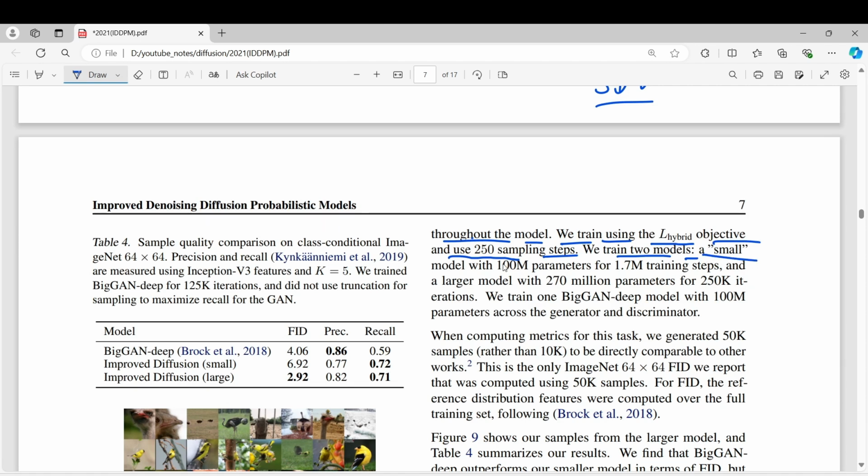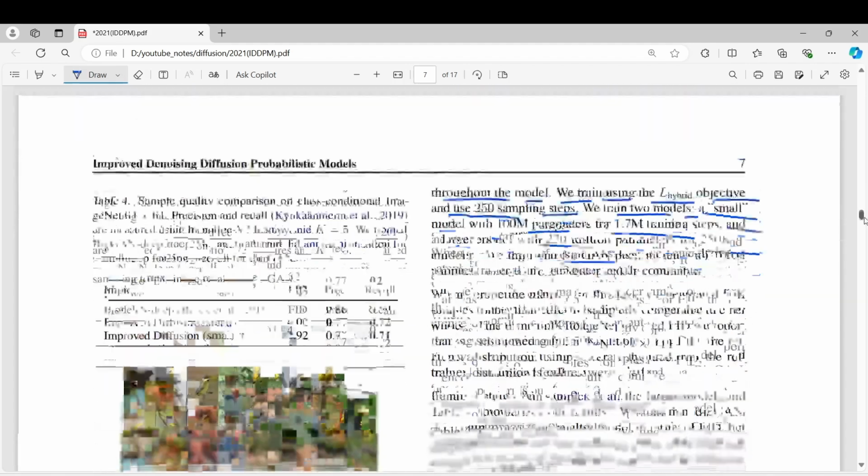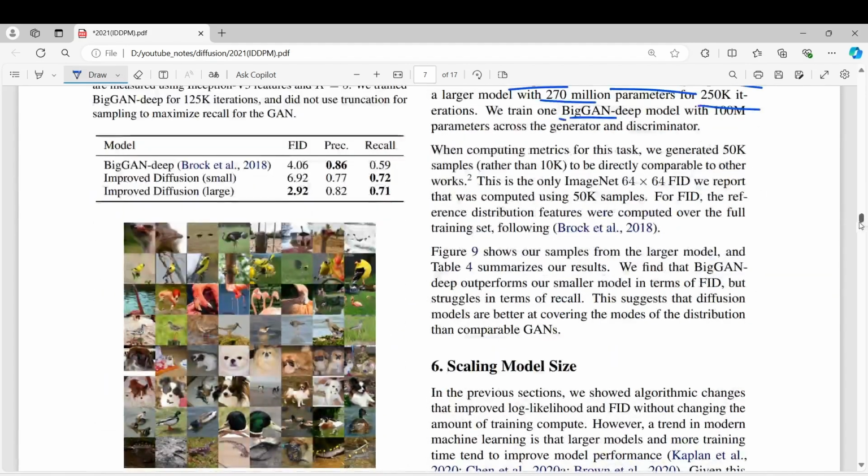We train two models, a small model with 100 million parameters and this many training steps, and a larger model with this many parameters and training iterations, and they compare with the BigGANs, which have 100 million parameters across the generator and discriminator. BigGAN-deep outperforms our smaller model in terms of FID, but struggles in terms of recall. This suggests that diffusion models are better at covering the modes of the distribution than comparable GANs.